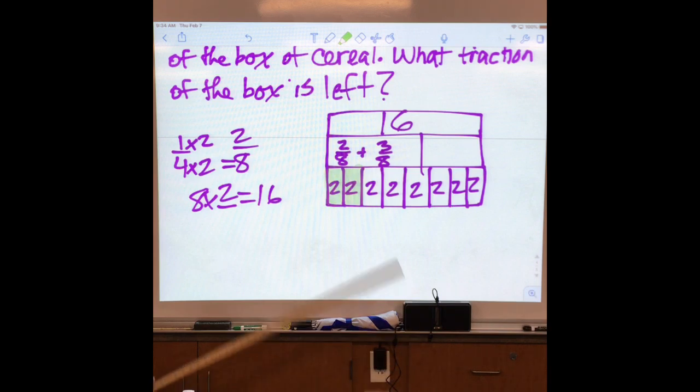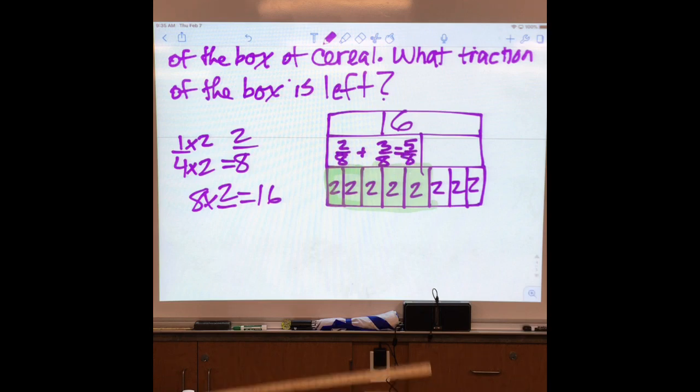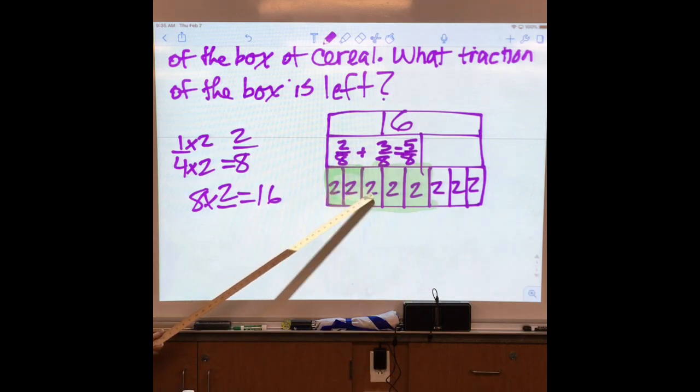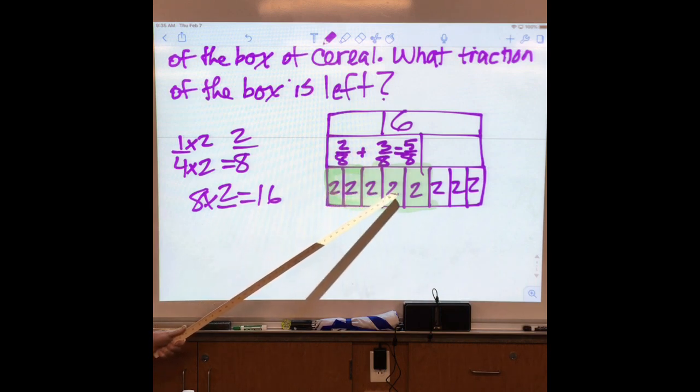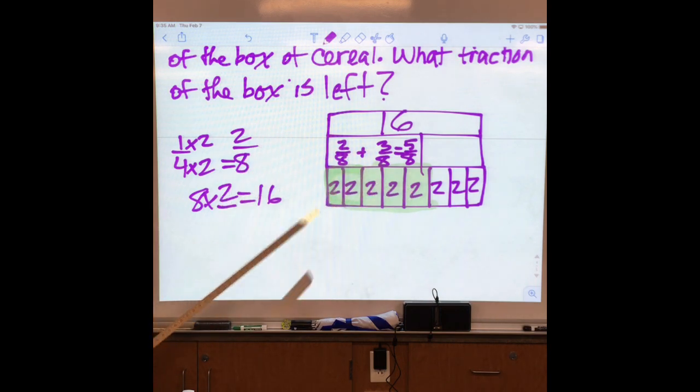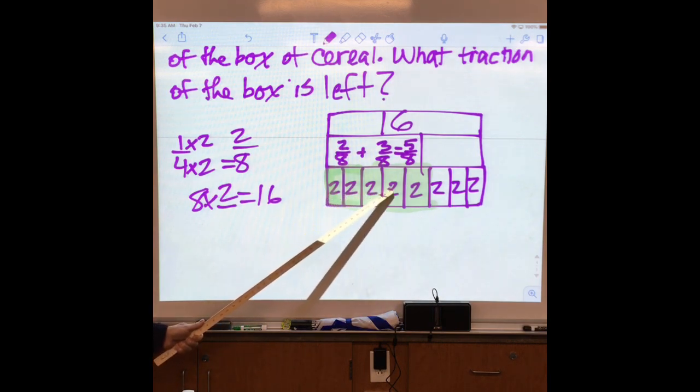And Jim ate 3/8. He had 1, 2, 3. So how many 8ths did they eat altogether? 5/8, right? You see we have 1, 2, 3, 4, 5. 1/8, 2/8, 3/8, 4/8, 5/8. How much did they eat total? 2, 4, 6, 8, 10.